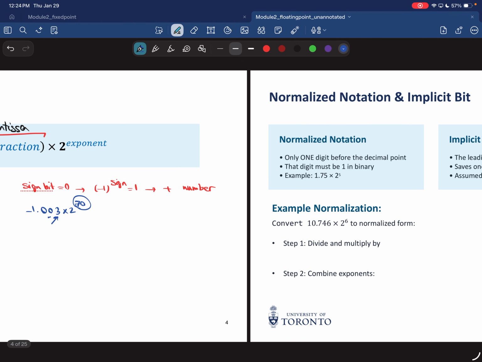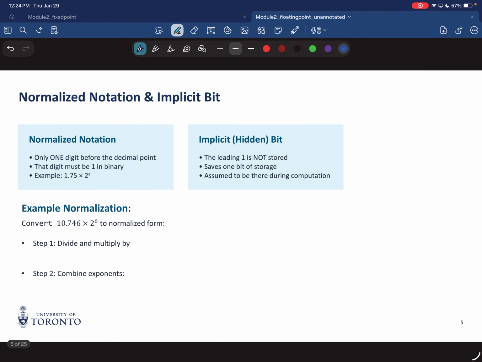Now, the first thing you have to remember is the implicit 1 here, which sometimes might give you errors. We always use the normalized notation in floating point. We always say it's 1.75, 1 point whatever it is, 1 plus the fraction that is getting multiplied.